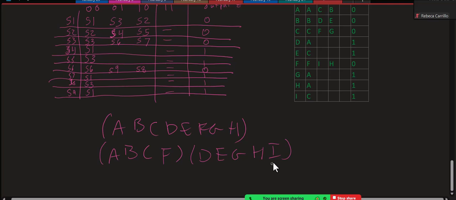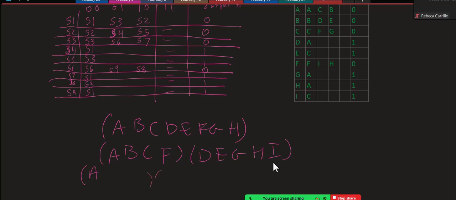So then for 0, 1, I have A goes to C, but B goes to D, C goes to F, and F goes to I. So those got split up.